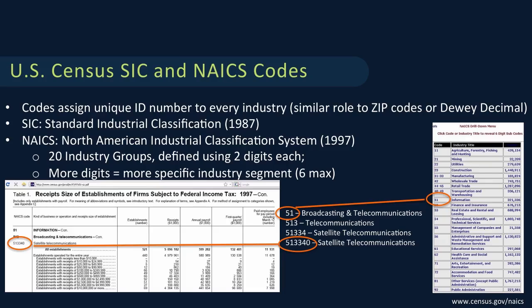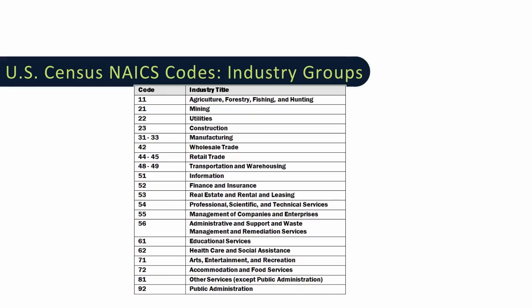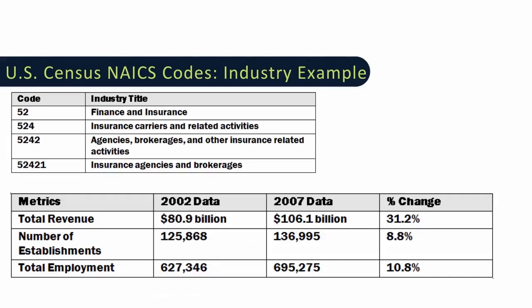Thus, long codes indicate more specificity than short codes. This slide shows all 20 industry groups, from Code 11, which is agriculture, forestry, and so forth, to Code 92, which is public administration. For example, we can examine Code 52421, the NAICS code for insurance agencies and brokerages.